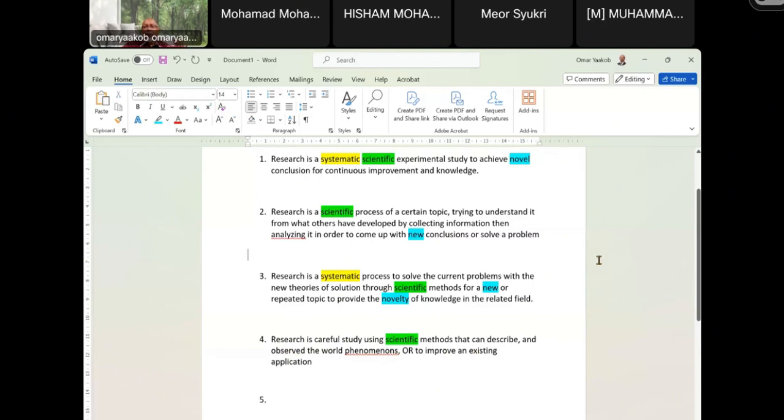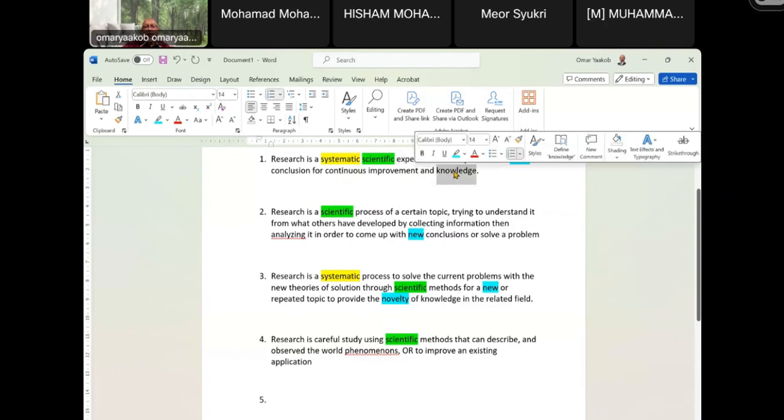We don't want to go outside; we want to just stick to this. What are the important things that we mentioned here? Improvement? No. Experimental? No. And then knowledge. Yes or no?